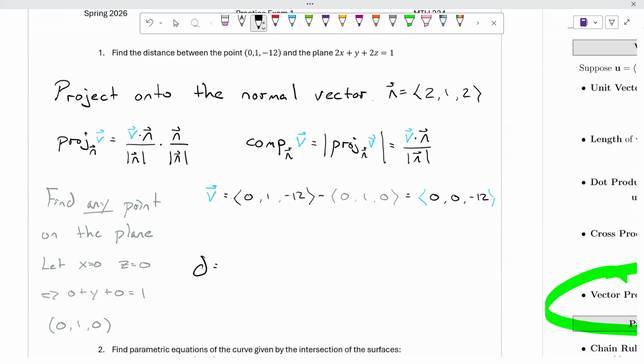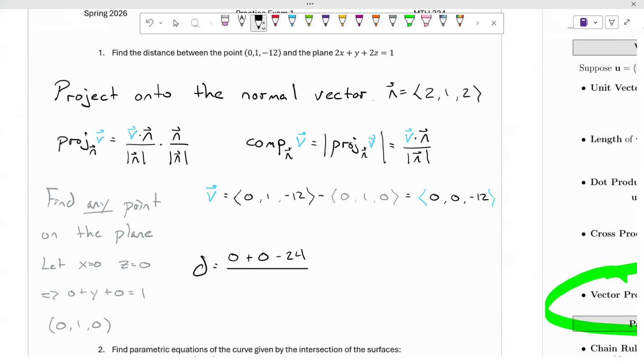So what do I need? The dot product of v with the normal vector. So that's 0 times 2 plus 0 times 1 plus 2 times negative 12, which will be minus 24.